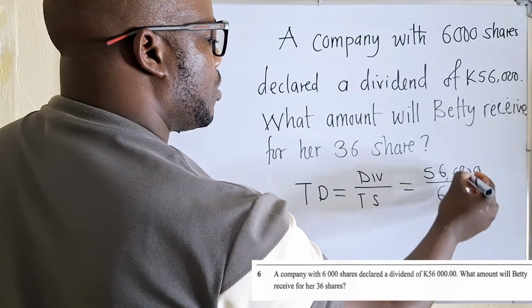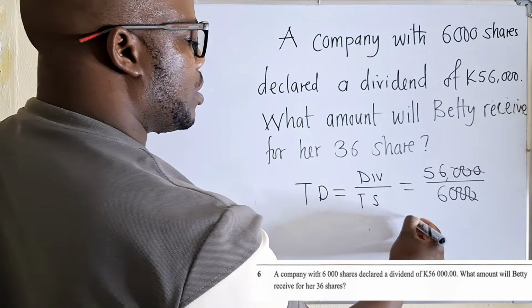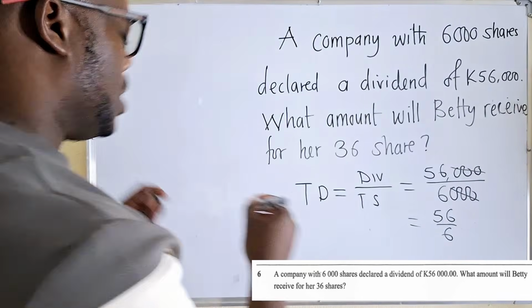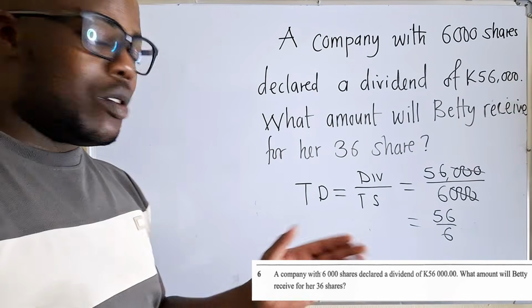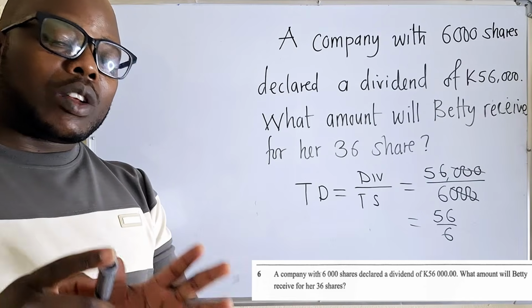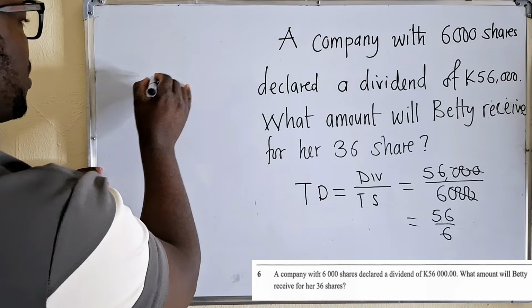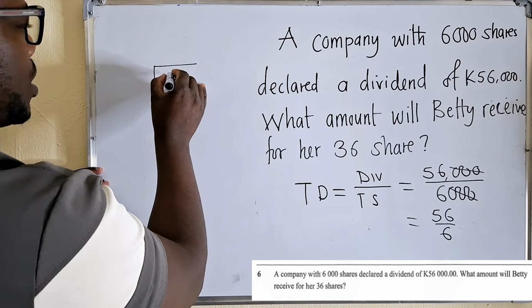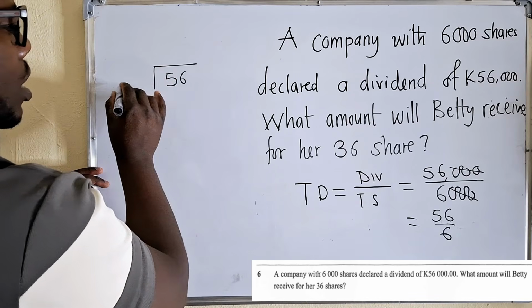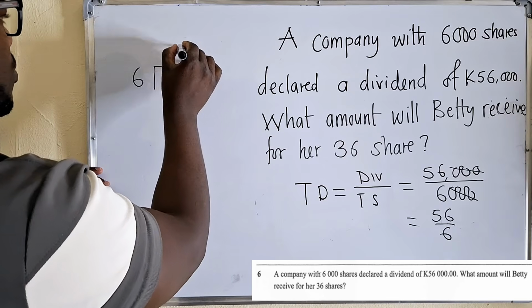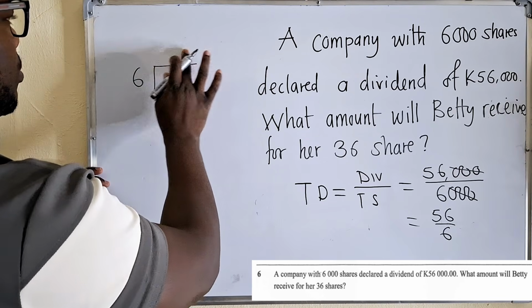So these zeros here will cancel out. We shall remain with 56 over 6. Now, remember in paper 1, you're not allowed to use a calculator. So to divide that one, you're just going to use long division. You say 56 there, and then 6 into 56, that is a 54. Okay, sorry.